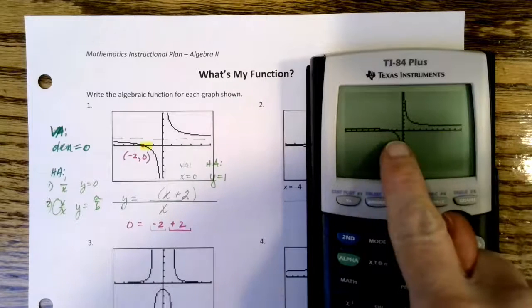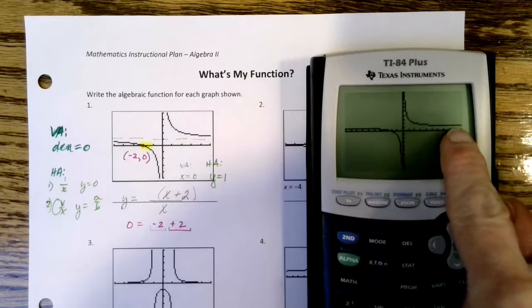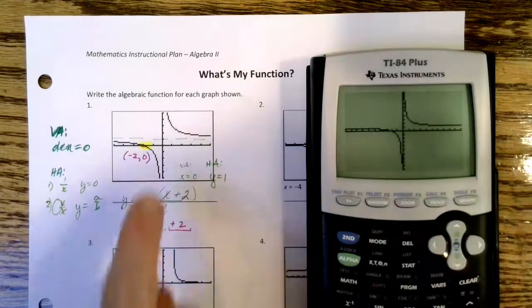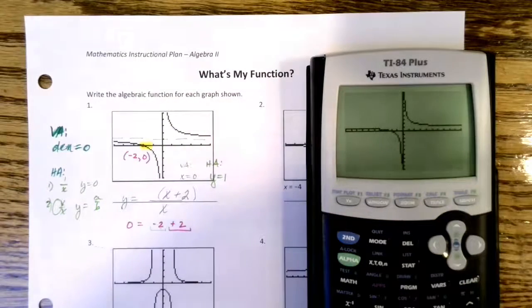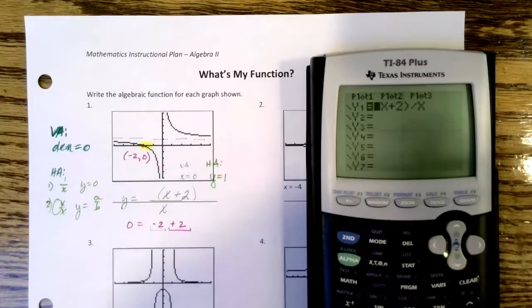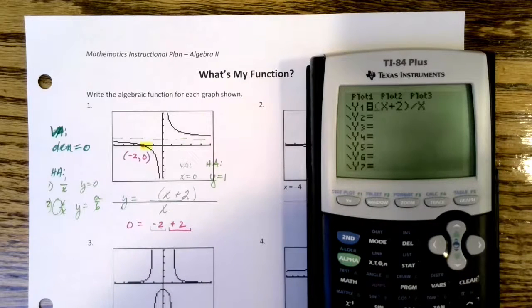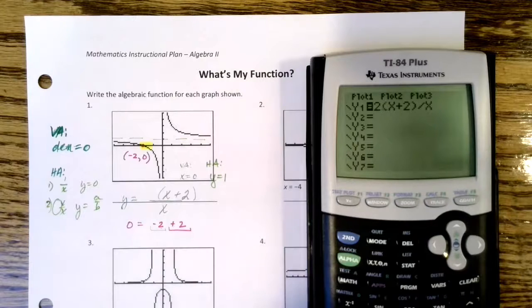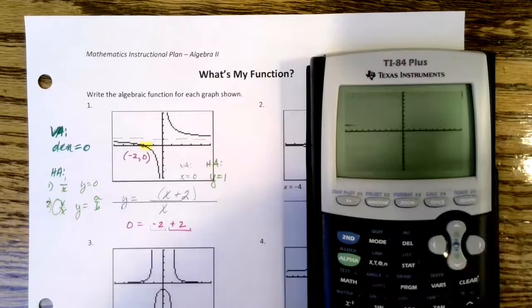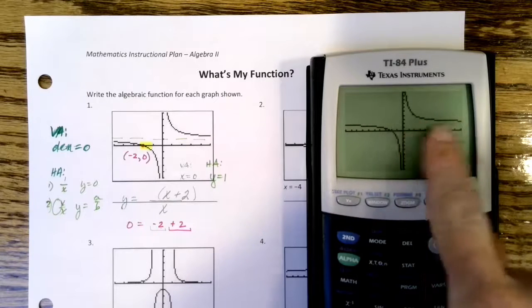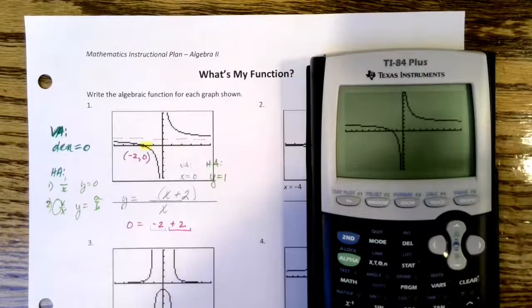I got this part right, but this is exaggerated a little bit. That looks like I had maybe a stretch. So maybe I can insert a value of 2 and see if that, when I graph, changes it. Do you see how that stretched this up a little higher?